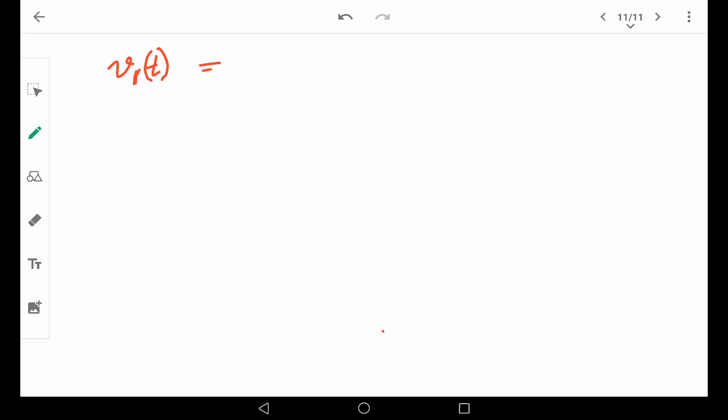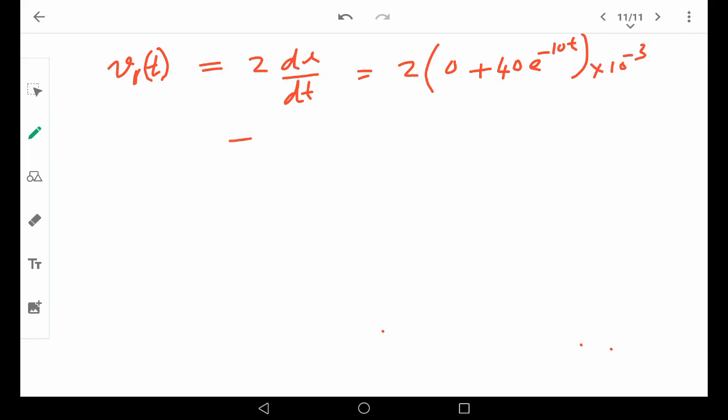So you can write it as 2 di by dt, that is 2 into same thing, di by dt is 0, minus plus 40 e raised to minus 10t into 10 raised to minus 3 because of the milliampere, right? That will be 80 e raised to minus 10t millivolt. That's how you will get V1t.